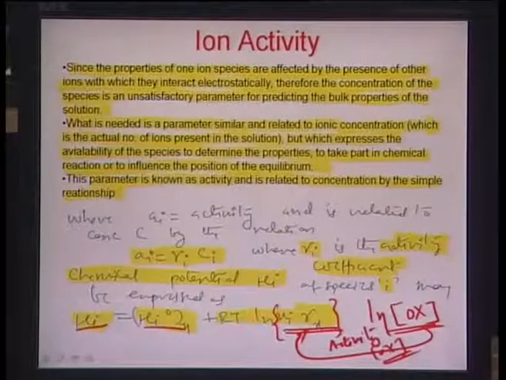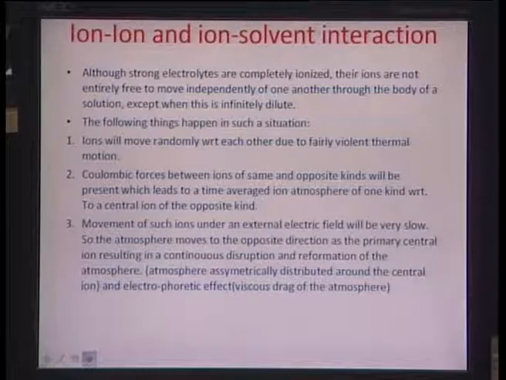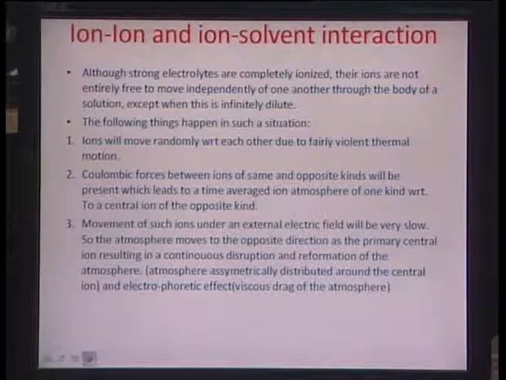Let us look at what happens when you pick a solution with various ions, positive as well as negative, and in terms of ion-ion or ion-solvent interaction, there are a lot of events which happen once you have such a combination of ions and an electric field which is trying to separate these ions.